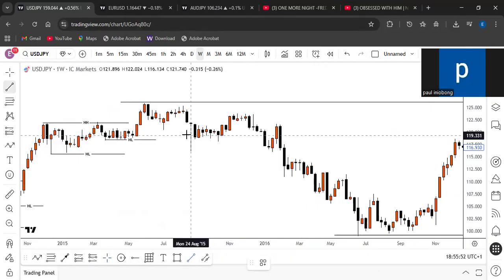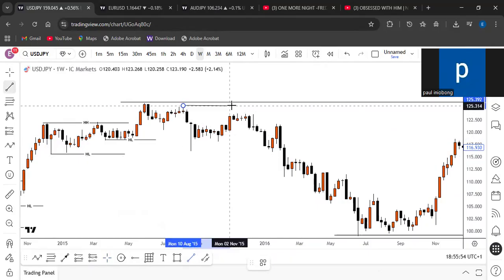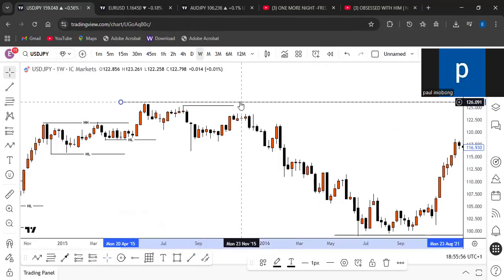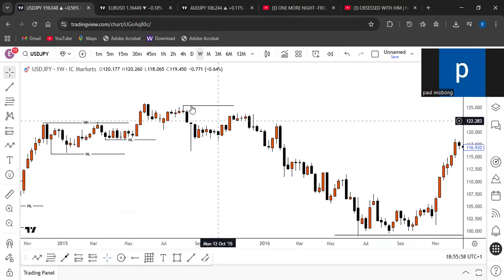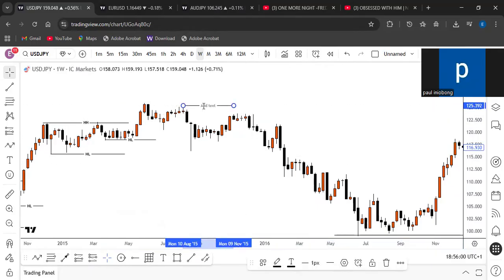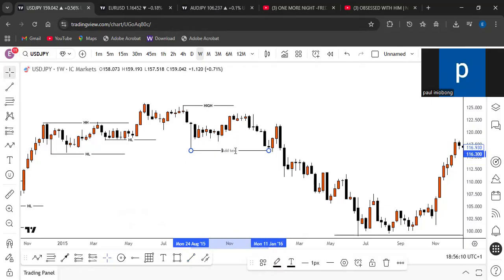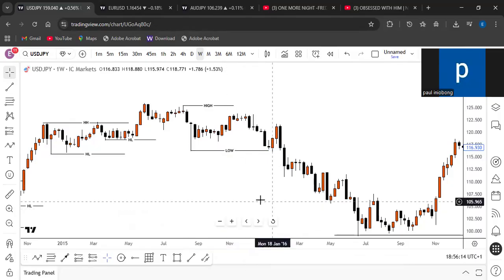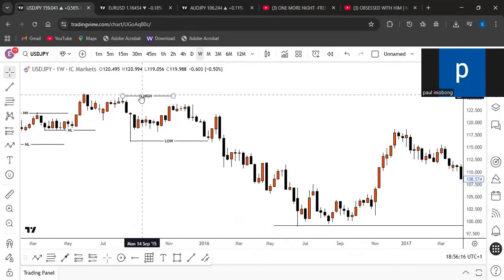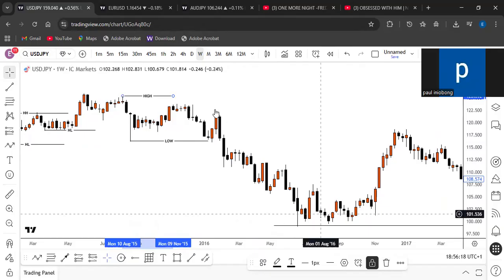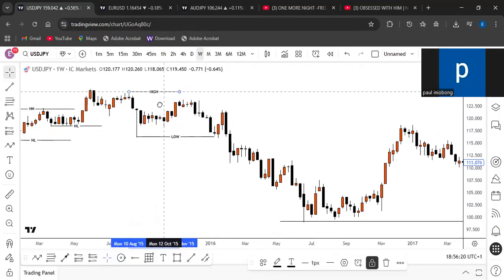So you can look at this. Permit me to take this out. So I can call this high, and then I can call this what? Low. And then I lock it. The reason why I lock it is so that I cannot move it about just like that.